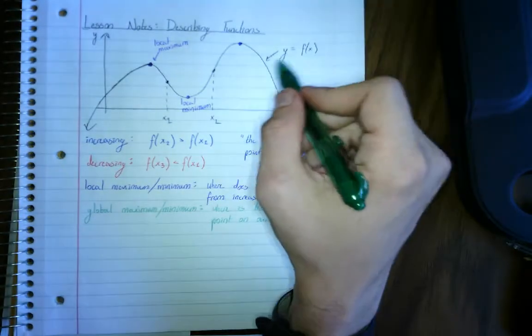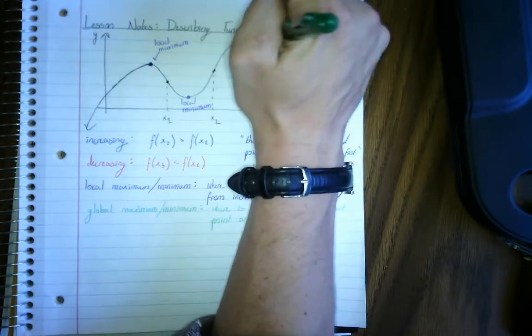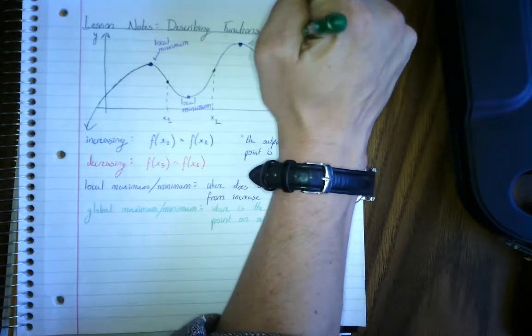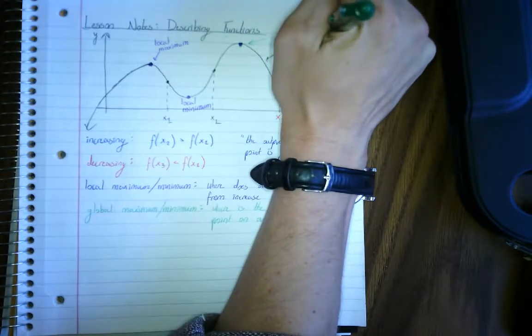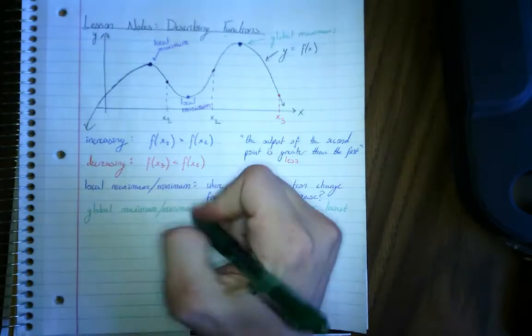So we can take a look at this and notice, well, this is the highest point right here. So this will be our global maximum. One good thing to know about this is that you can either have a global maximum or a global minimum. You can't have both.